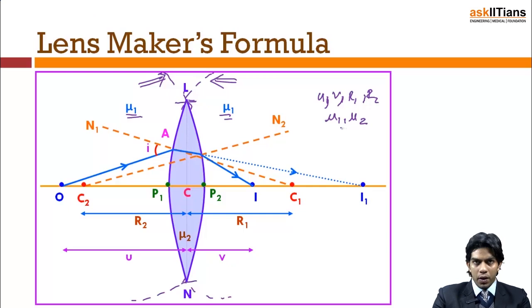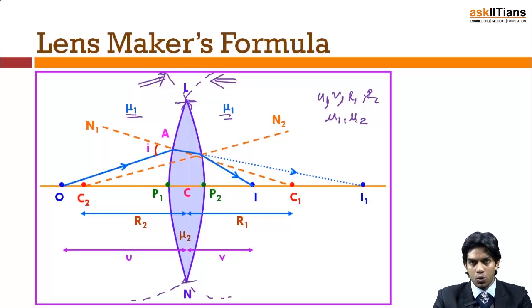If you give me a particular setup, that is concavo-convex, convexo-concave, plano-concave, plane refracting surfaces, any type of refracting surface you throw at me, that is a combination of two refracting surfaces, one facing the incident light and the other throwing out the refracted light. So I need two refracting surfaces.